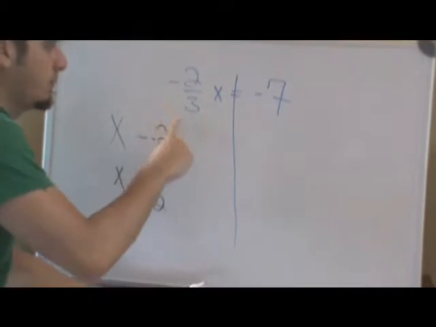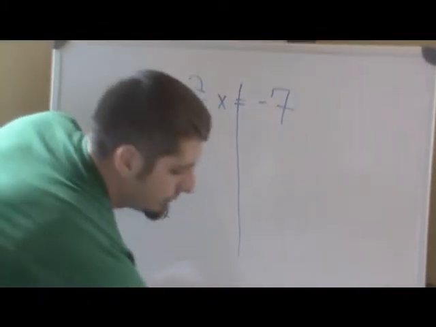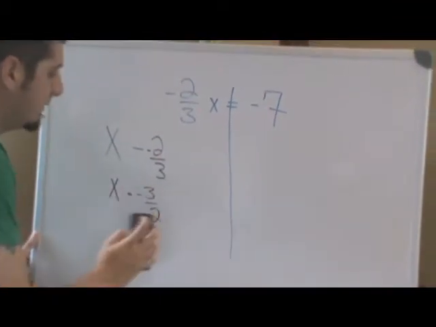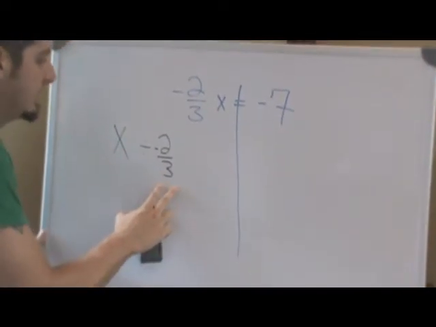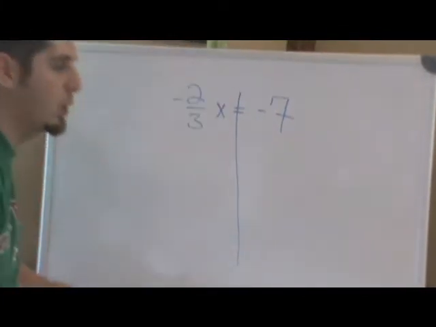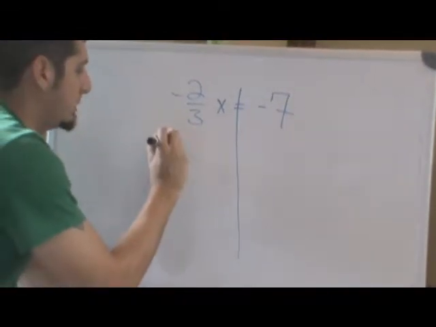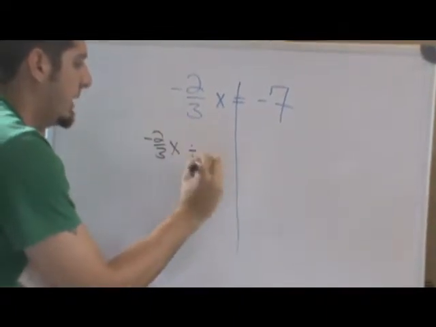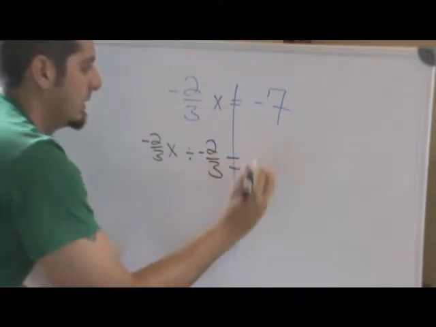So you can skip the dividing step and just multiply by what's known as the multiplicative inverse. If you want to get rid of a fraction that's being multiplied, you can multiply on the other side by its multiplicative inverse, if that's something you can remember to do. You can actually skip the divide step. If you're one of those people that just needs to do things in order, in a way that makes sense to you, then you would take negative 2/3 x, divide it by negative 2/3, and do the same thing to the other side.